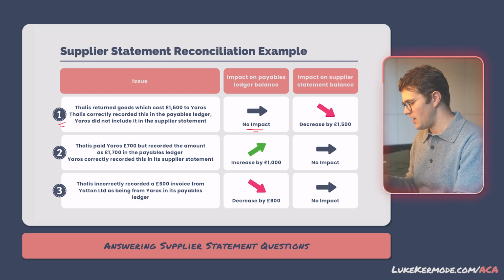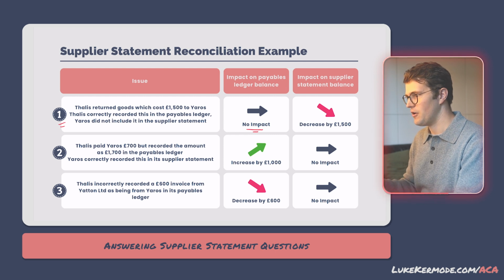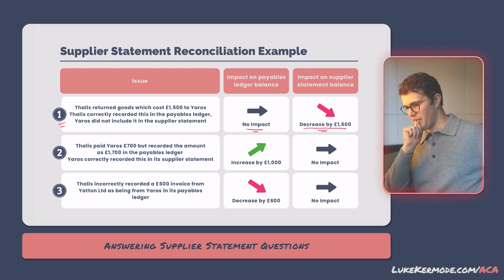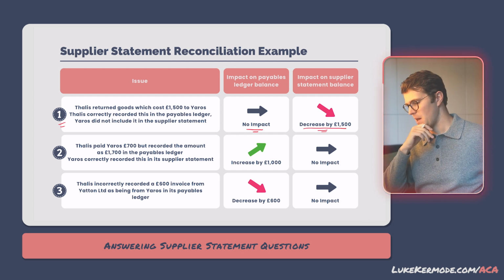But Yaros incorrectly omitted it, so the supplier statement balance needs to be reduced by £1,500 because goods were returned which cost £1,500, so that's going to reduce your supplier statement balance by that amount.